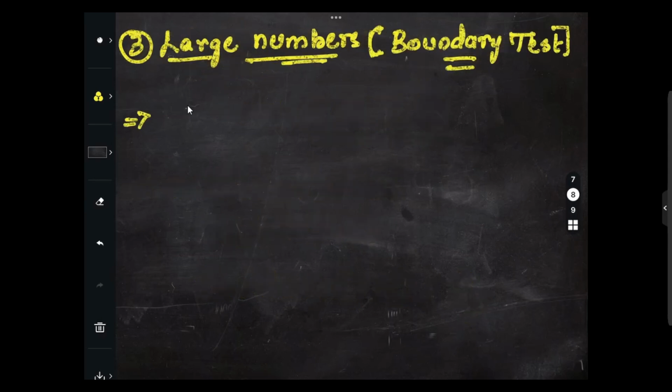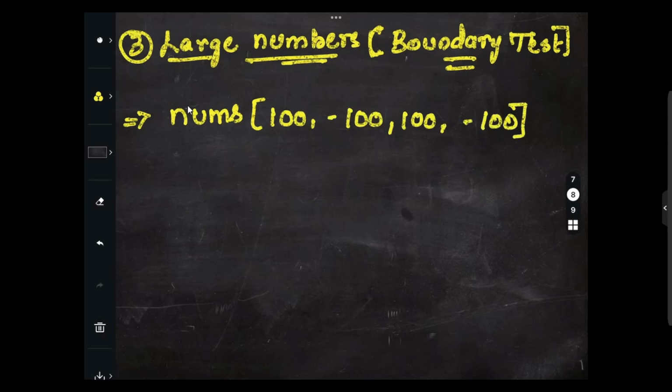Next, finally, let's discuss the third edge case here, large numbers. When I say large numbers, this is just the boundary test. So I'll consider in this case input nums of 100, minus 100, 100, again minus 100. I hope this is clear. In this case we have to handle the negative numbers and large values correctly. In this case I will not be giving the output.